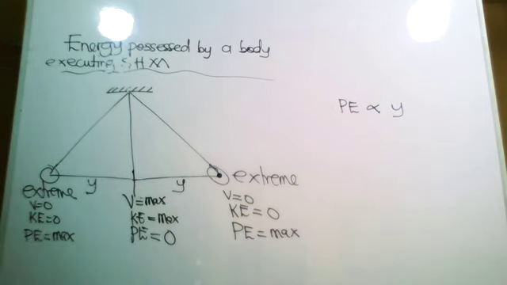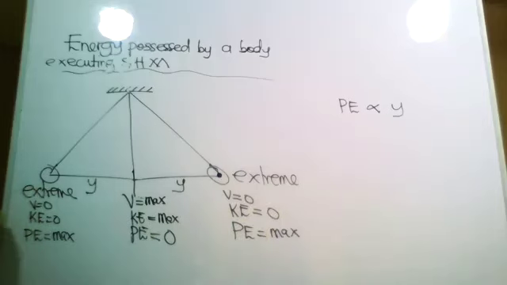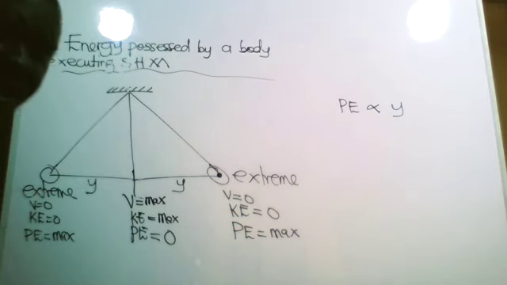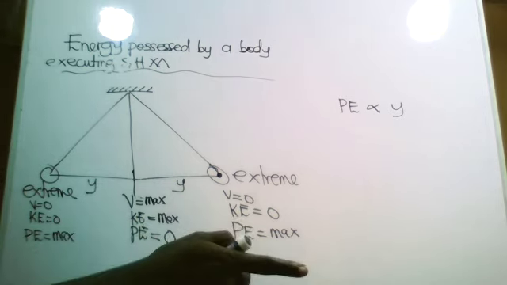Is that okay? Yes. All right. Now, before I move on to a simple pendulum, I said a loss in one form of energy is a gain to the other form of energy.